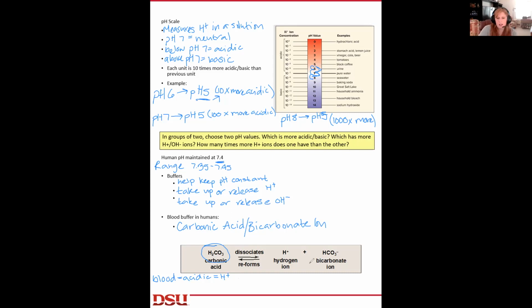What happens is this bicarbonate ion is going to go find those extra hydrogen ions and bind to them, okay?